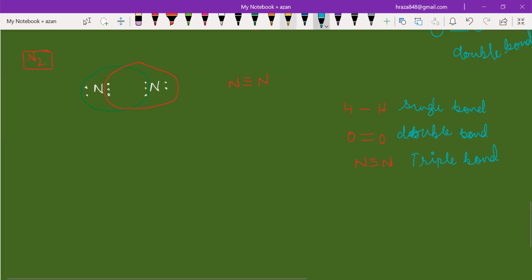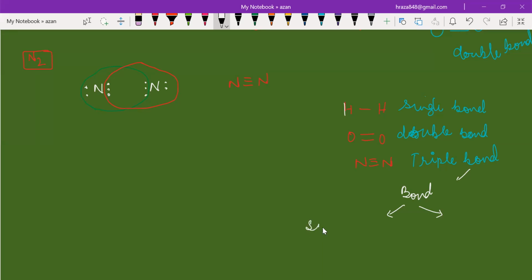Now see, all the bonds are basically of two types. You will study in class 11 how we recognize the type, but sometimes questions are asked, what type of bond is this?